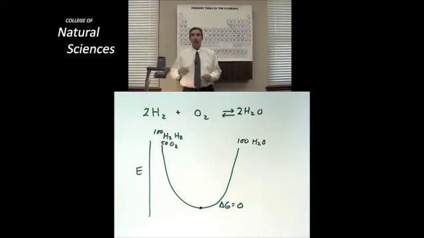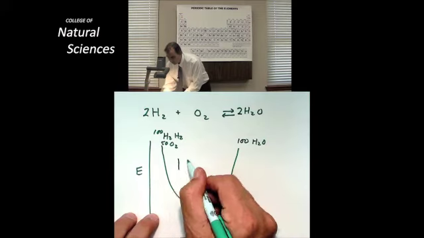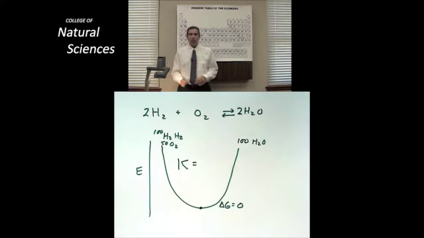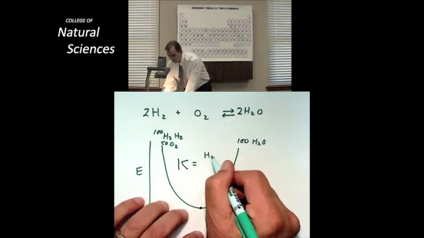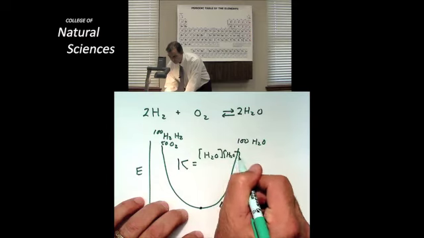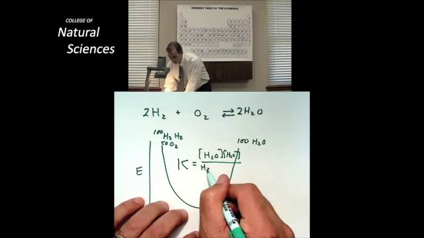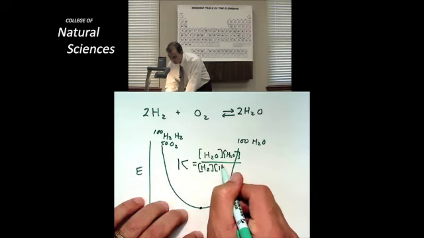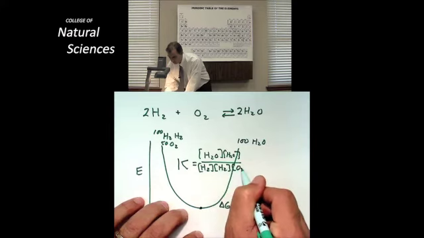The question you might ask, though, is what is that equilibrium amount? How will I know when I've found it? The answer is that equilibrium amount is going to be equal to the ratio of the stuff that's on the right-hand side, the water, to the stuff that's on the left-hand side, the hydrogens and the oxygens.